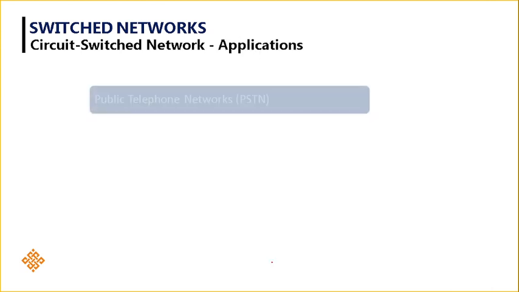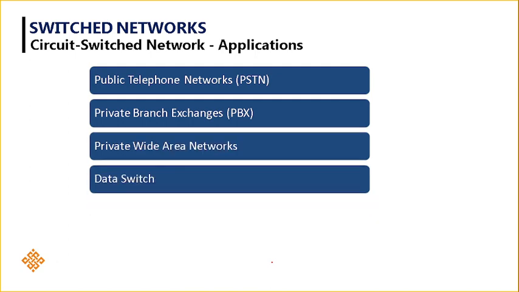So where exactly are we using circuit switching? Normally in public telephone networks, PSTN, private branch exchanges, private wide area networks, and also in data switching whenever you are transferring data via a switch. These are a few applications.